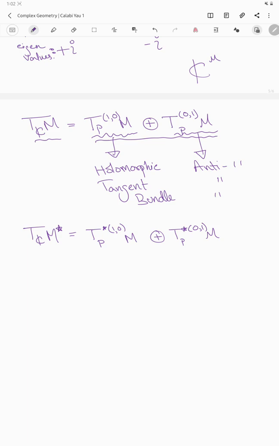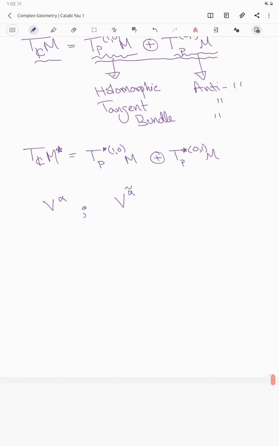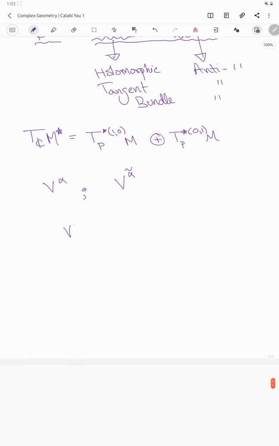And so finally we can consider holomorphic vectors, which are V alpha, and the anti-holomorphic vectors, which are V alpha tilde, with a decomposition of a general vector. So I can write that down as V mu is simply equal to V alpha plus V alpha tilde, right?